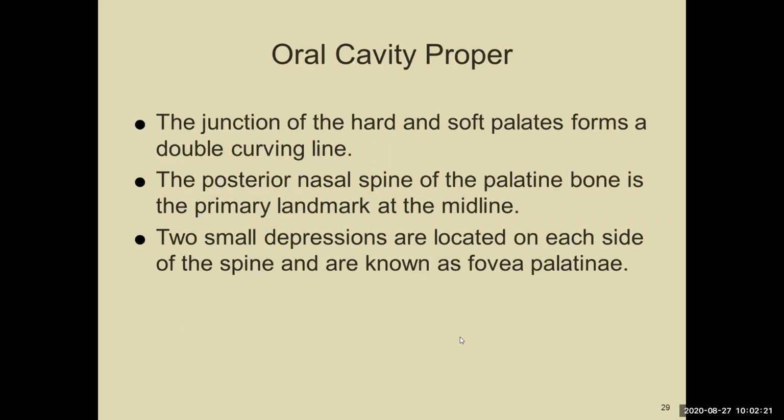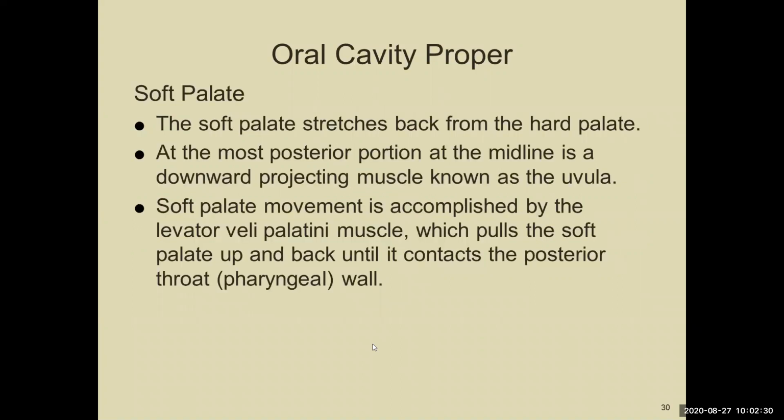You have two small depressions located on each side of the spine, and those are known as your fovea palatine. Your soft palate stretches back from the hard palate. So you've got your hard palate that's firmly bound, and then you've got your soft palate, which is not. At the most posterior portion of the midline is that downward projecting muscle or connective tissue known as the uvula.